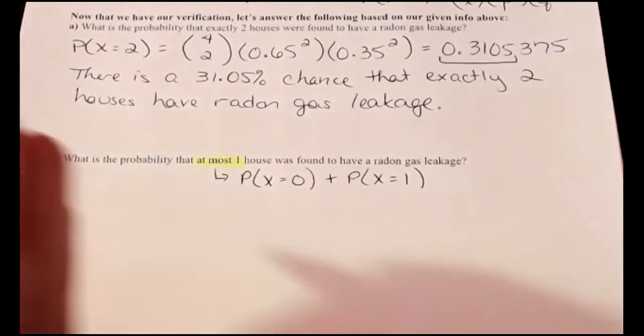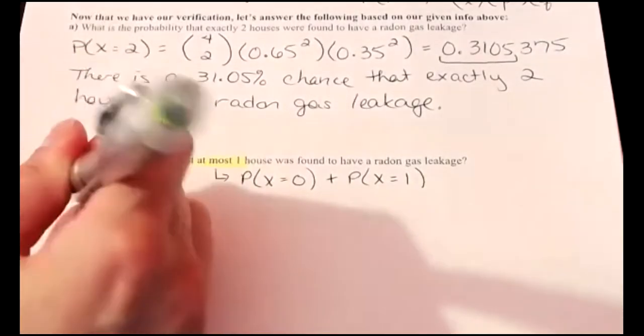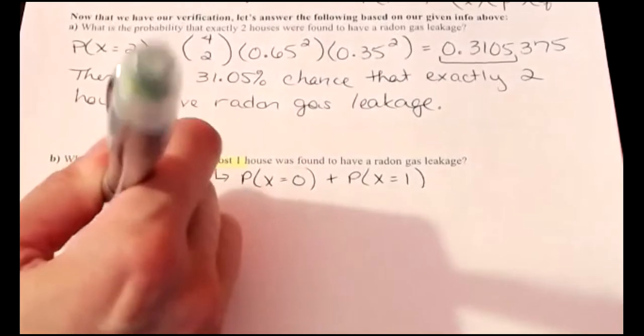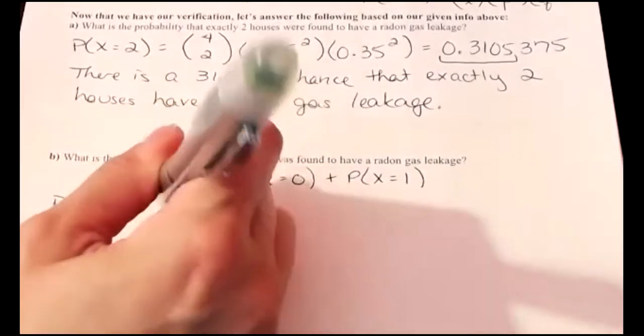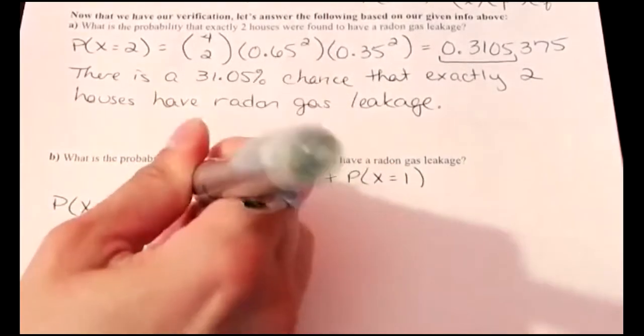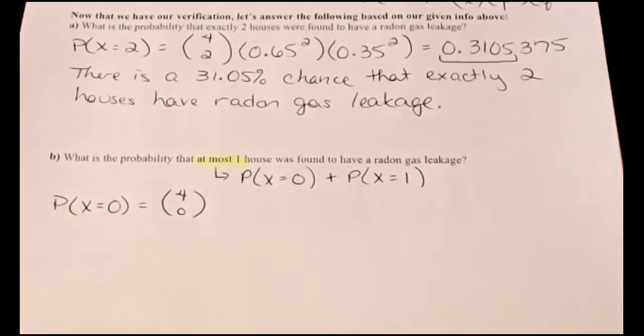So I'm going to write out the probability that x is equal to 0, exactly 0 houses. We're going to apply the formula here. We had 4 houses to begin with. I'm going to choose 0 of them to have radon gas leakage.